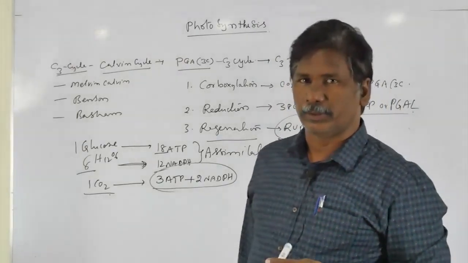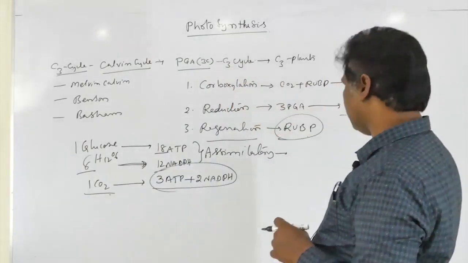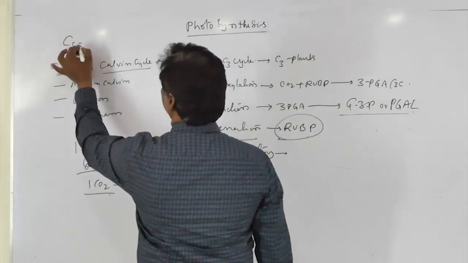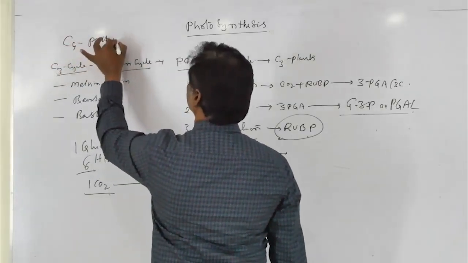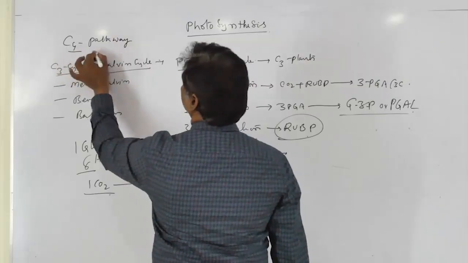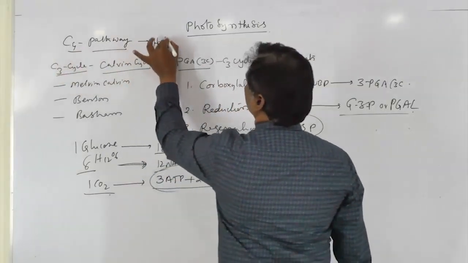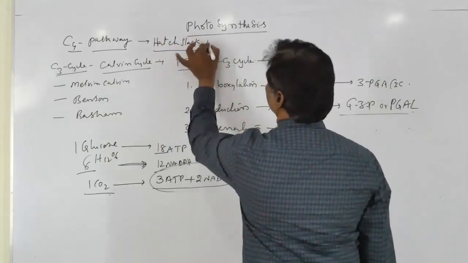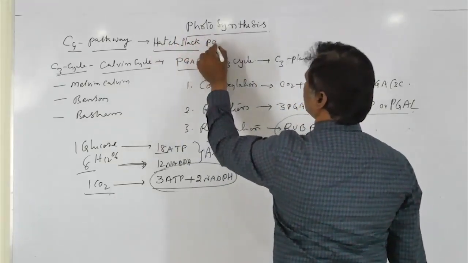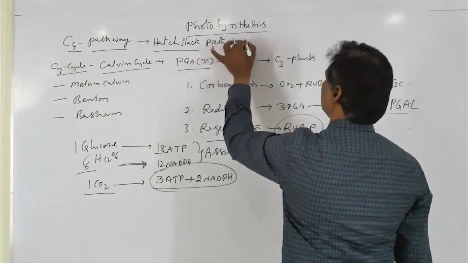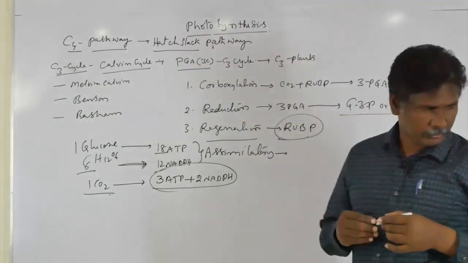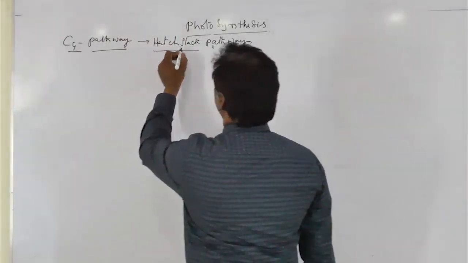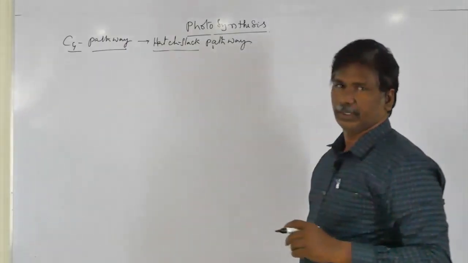Next we are going to another topic, the C4 pathway, also called the Hatch-Slack pathway.